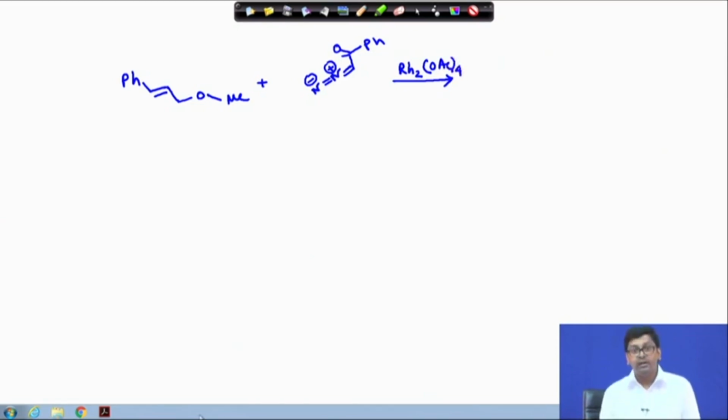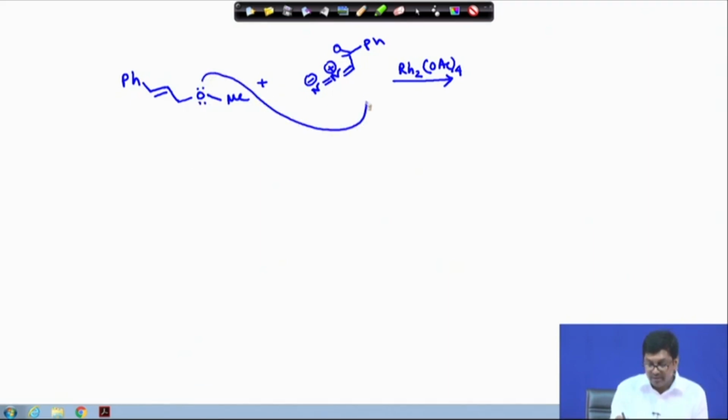we have taken rhodium 2 acetate as the catalyst and what will it form? This oxygen lone pair here is nucleophilic enough to react with the corresponding metallocarbene center, the electrophilic carbon center, after formation of this metallocarbene.